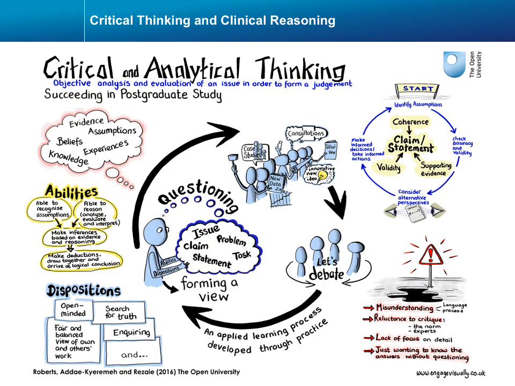Now, a common misperception is that clinical reasoning is the same as critical thinking. This is absolutely not correct. Clinical reasoning, history, physical exam, etc., involves the senses: vision, hearing, touch, smell, communication skills, rapport, knowledge of epidemiology, basic sciences, and clinical medicine.